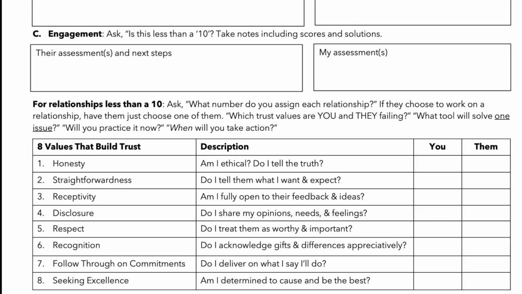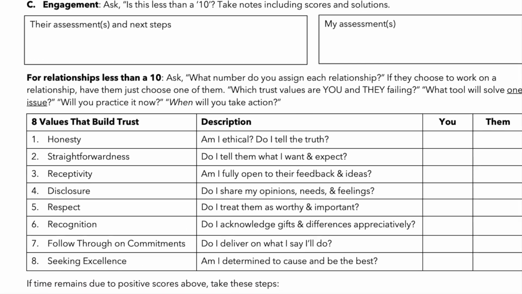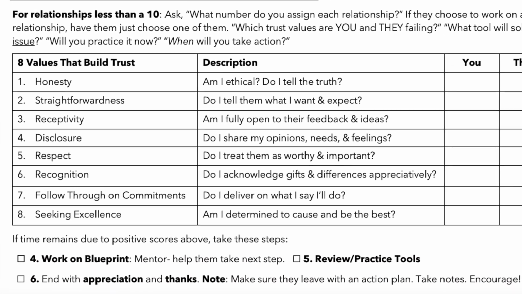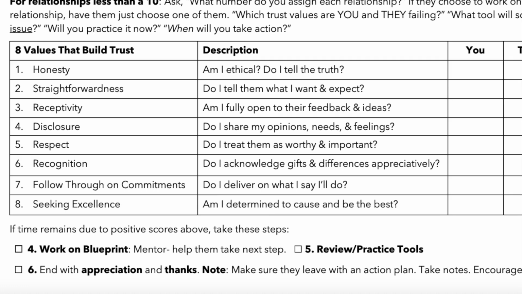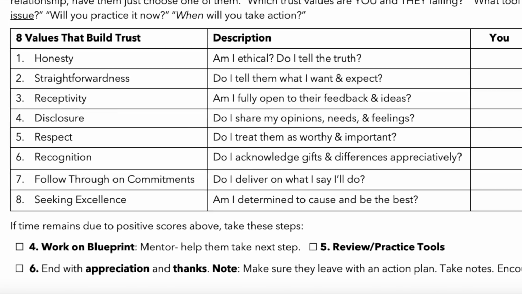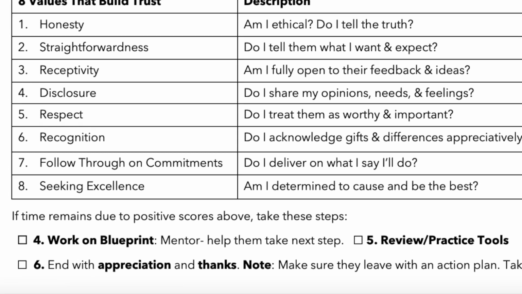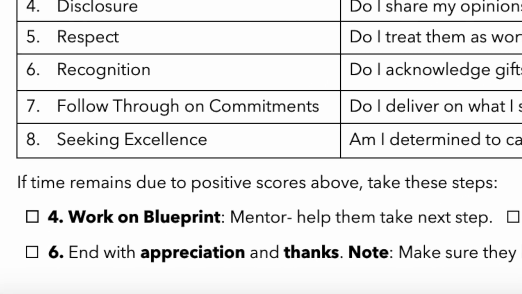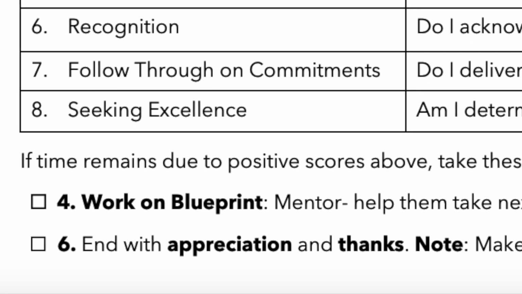You'll also notice on the mentoring template that there are a couple of other tasks down at the bottom. So let's say a person has a 10 in their relationships, a 10 in their productivity, a 10 in their engagement. Then you want to ask them, do you want to work on your blueprint, which is further defining and being accountable to their purpose, their core values, their visions, their goals, procedures, and roles around those visions?